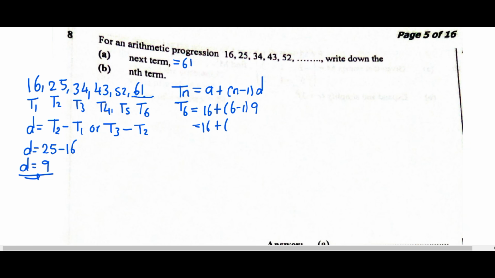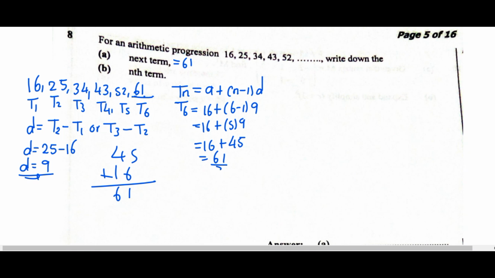If we subtract 1 from 6, it will give us 5. We know that 5 times 9 will give us 45. If we add 45 plus 16 it will give us 61. So this is how we can find the answer.